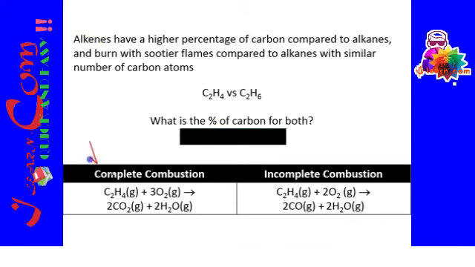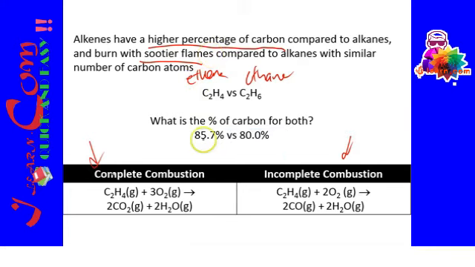As I mentioned earlier, combustion is the same across all hydrocarbons, but because alkenes have a higher percentage of carbon, when they burn, the flame is a bit sootier. If I compare ethene versus ethane, the percent carbon for ethene is much higher than that for ethane. It is about 85.7 versus 80%. How do you count this?